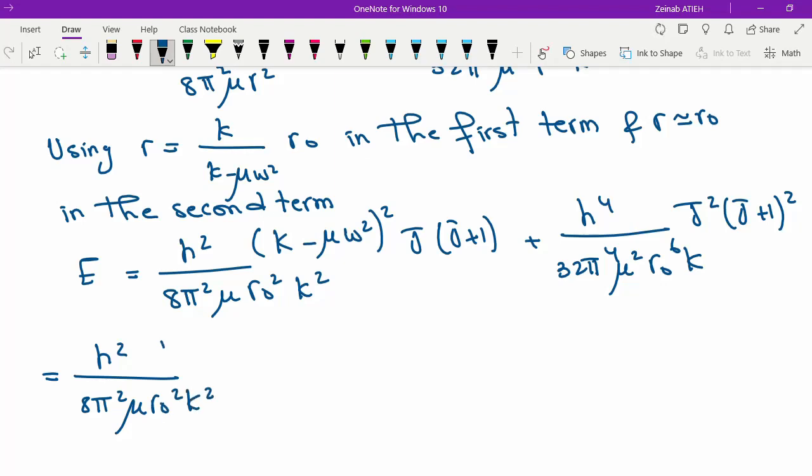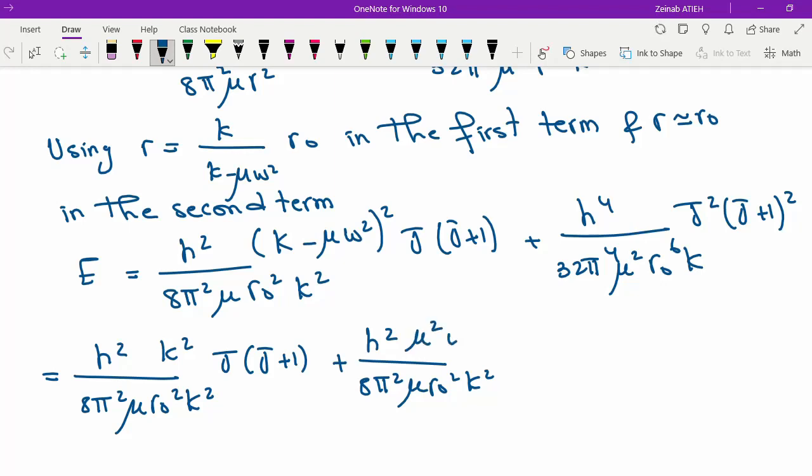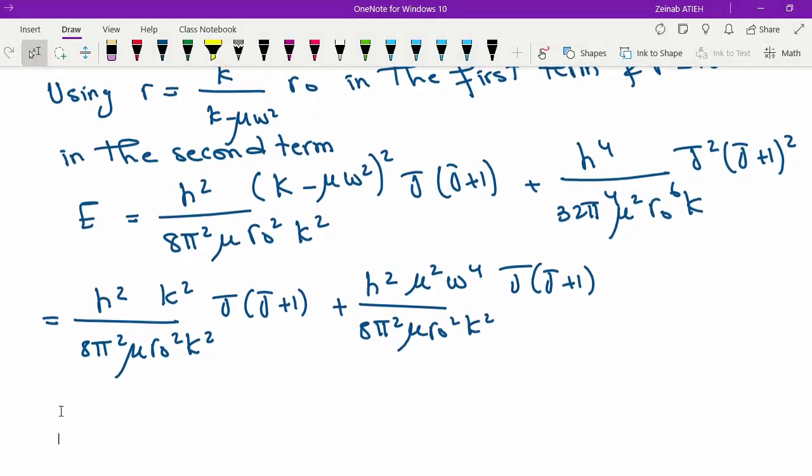So the first term is K squared J plus 1, and plus h squared over 8 pi squared mu R0 squared K squared, here it's mu squared omega to the power 4 J plus 1. I'll move to the second line.